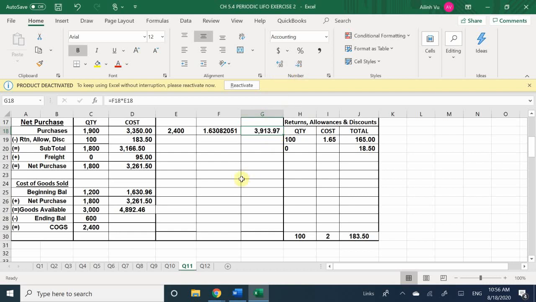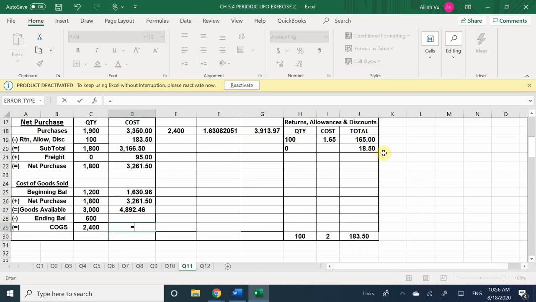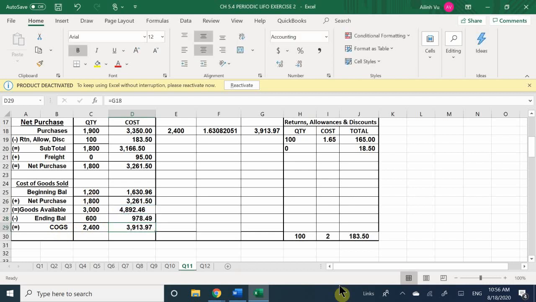Okay, so we can round up to 97. All right. And so by doing that, what is our total ending inventory? 978.49. 978.49 is correct.